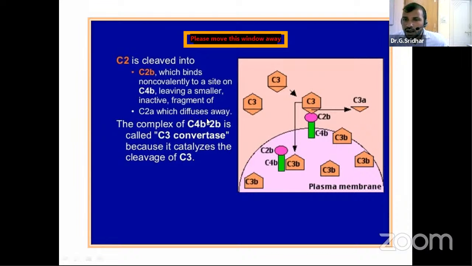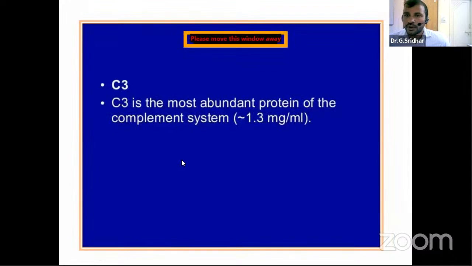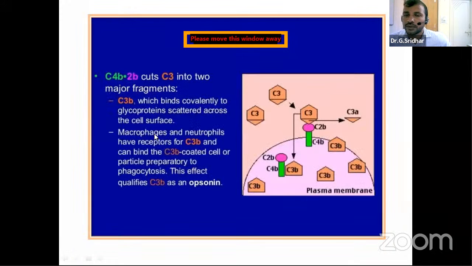You can write a line above it. If there is a line, then it is the active form of the complement protein. The complex of C4b2b is called C3 convertase. C3 convertase means this complex can split the C3 protein.